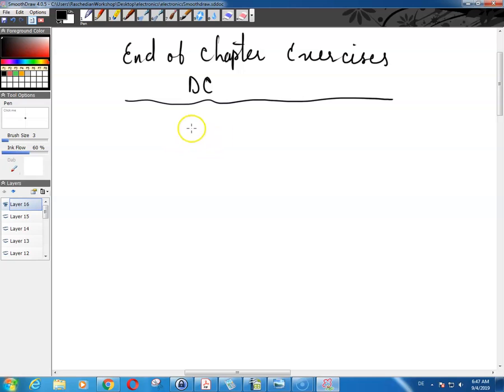For example, suppose that you have a circuit over here. Your circuit is something like this. It's a series circuit: you have two resistors in series, and this goes back to your power supply.